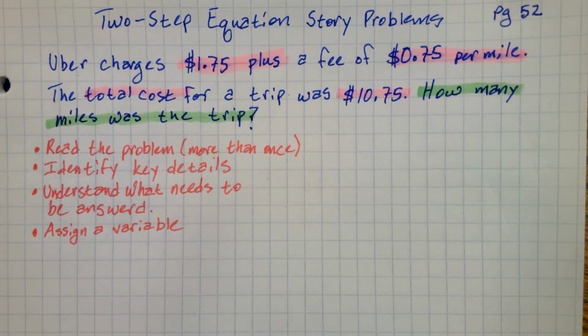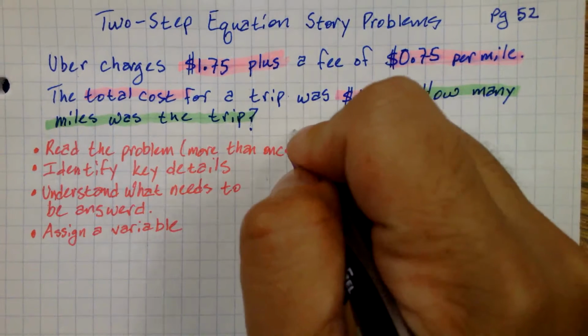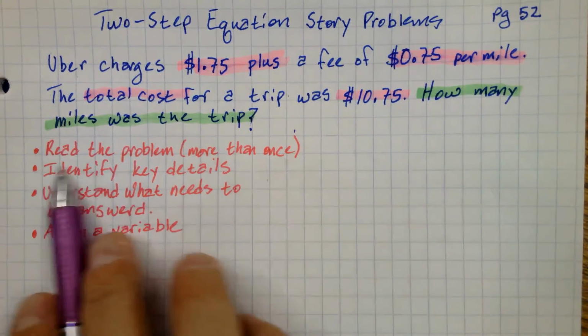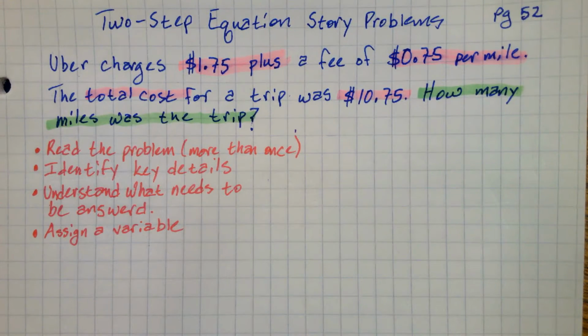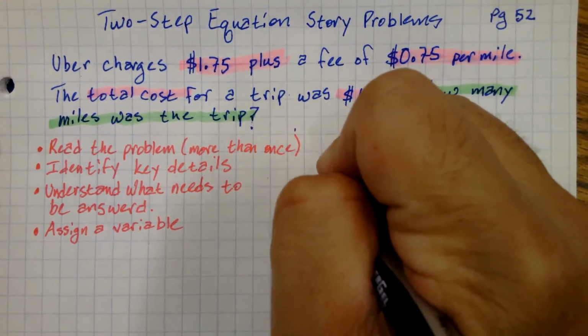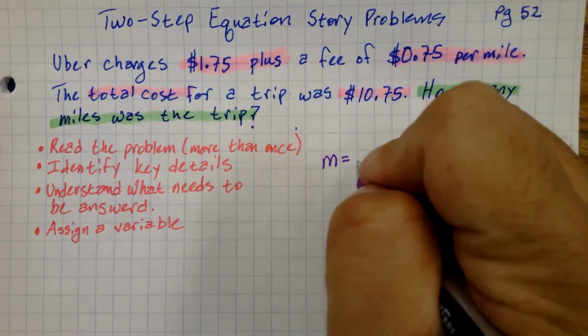Before we do that, we need to assign a variable. The question says, how many miles was the trip? M, and what does M represent though? Miles. So let's say M equals miles for the trip.